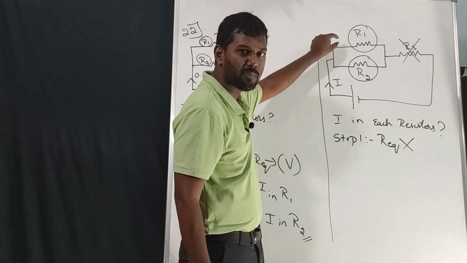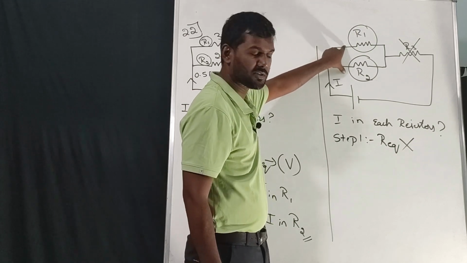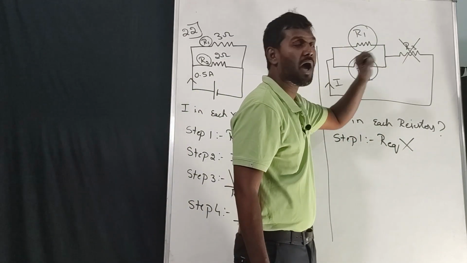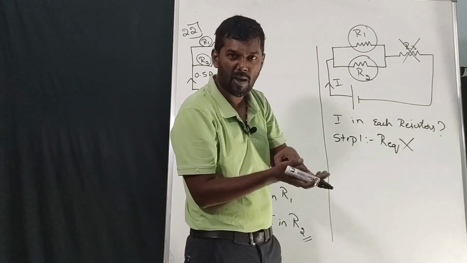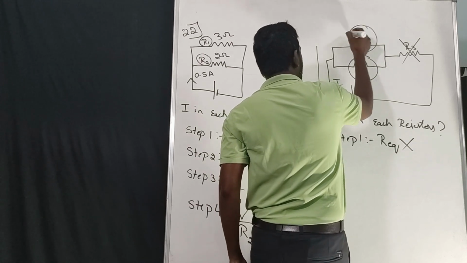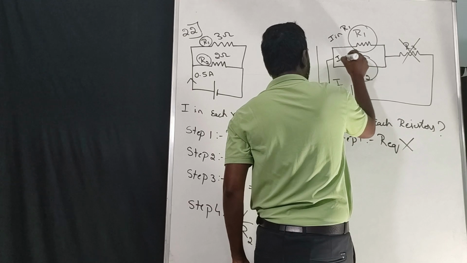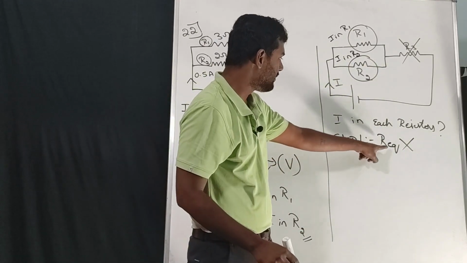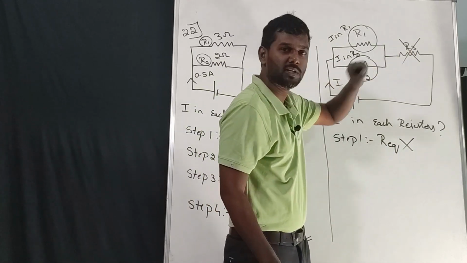If you are finding the current in a parallel connection, you should always go for the combination of these two resistances only, and you should not include R3. Only for these two resistances you find the parallel combination, so that for the current in R1 or the current in R2, the equivalent resistance will be only this parallel connection. You should not include this one.